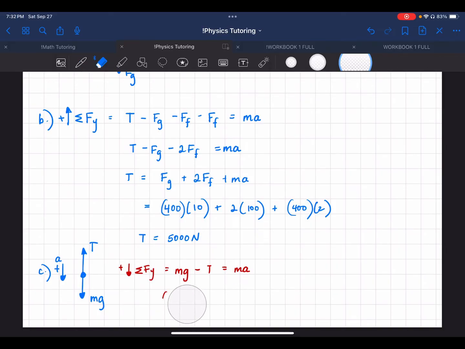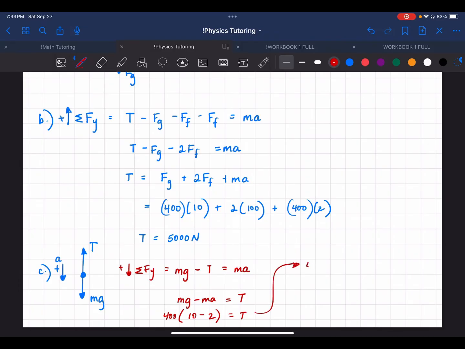The other way, the other way. Mg minus T equals MA.